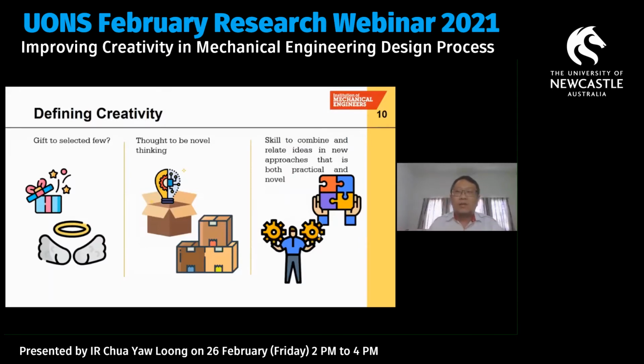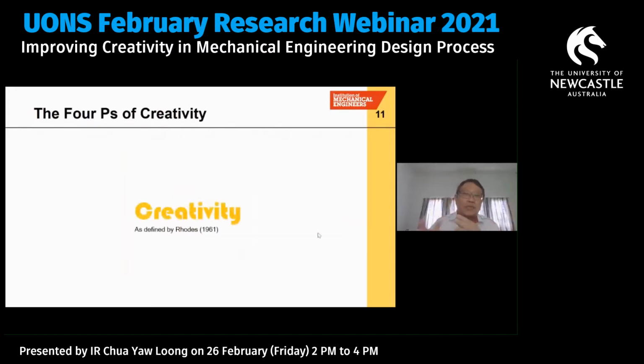So there are a lot of definitions by different researchers, and different theories available for creativity. One of the main works done by researchers around the world was by a researcher called Rhodes in 1961. He categorized all the definitions and theories about creativity into four major categories.